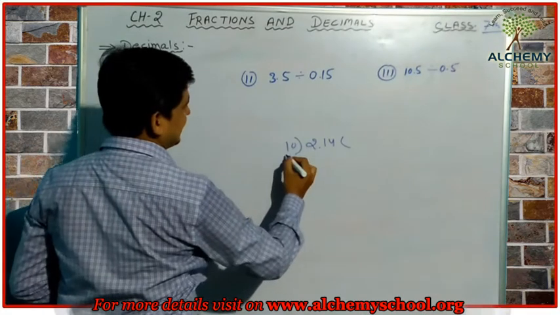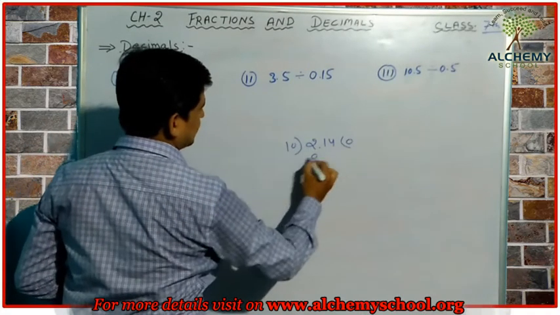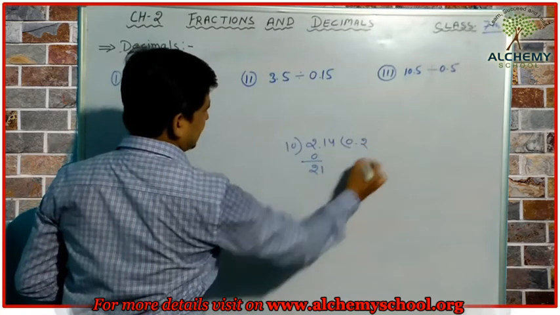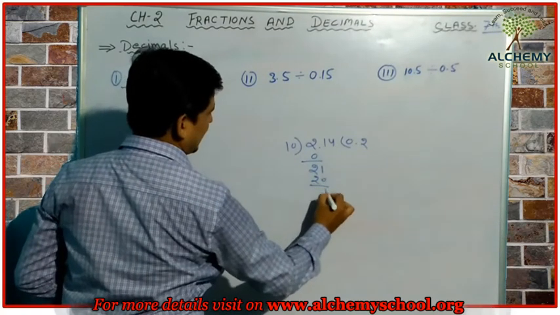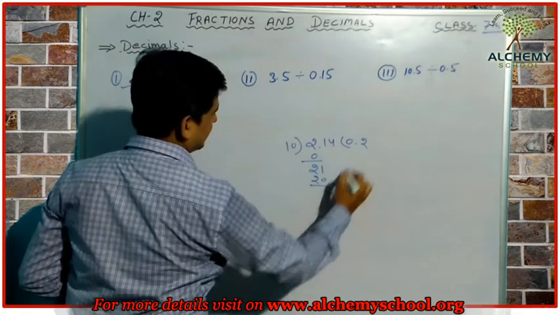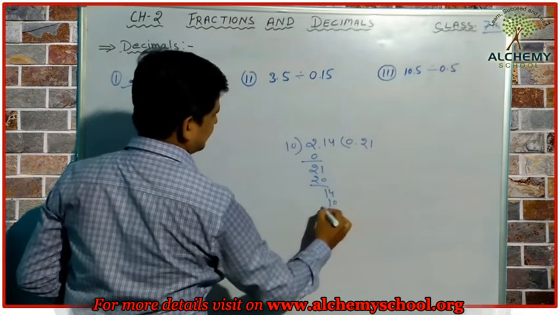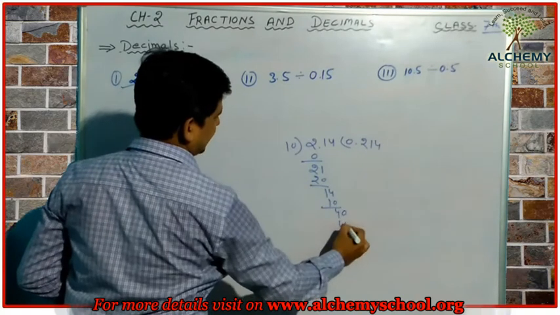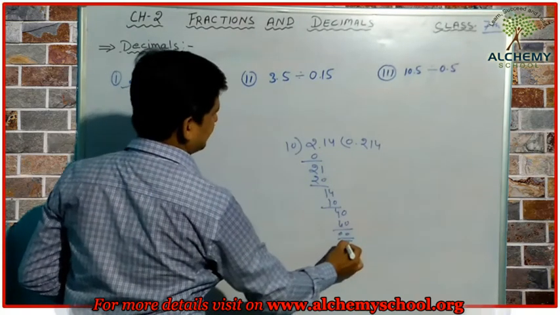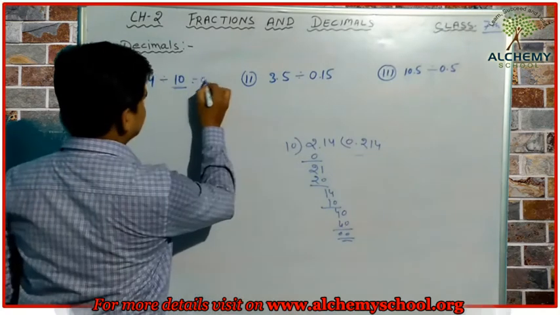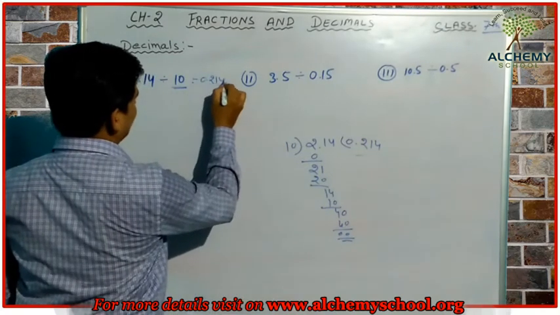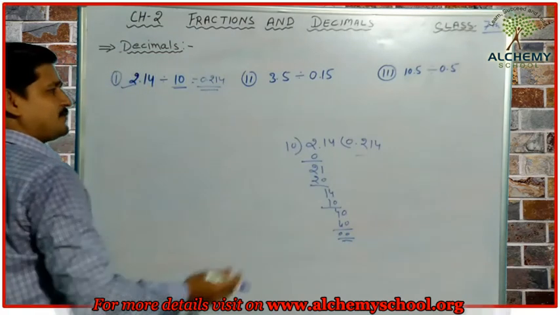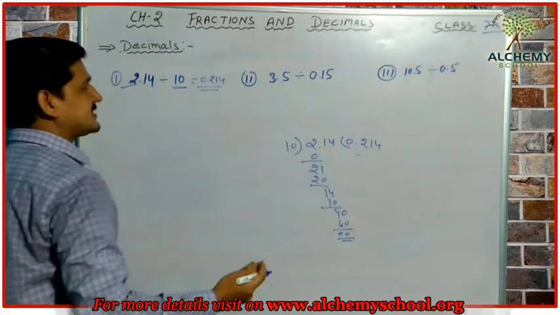It is divided by 10, so 10 zeros are 0, the point will go here, 1, 10 twos are 20, 1, 4, 10 ones are 10, 4, 0, 10 fours are 40, and simply we get 0 remainder here. So the answer will be 0.214. That is the simple method that we have already performed in our previous classes.